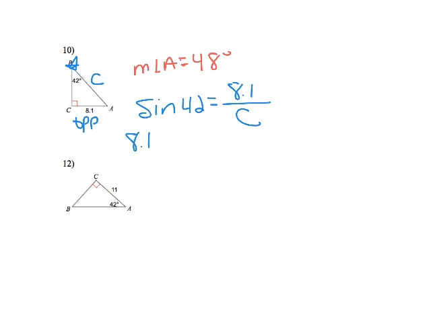Always the side length first. And then your variable is in the denominator, so you divide. So 8.1 divided by the sine of 42 is 12.1. Okay, so you should get a 12.1 for that.